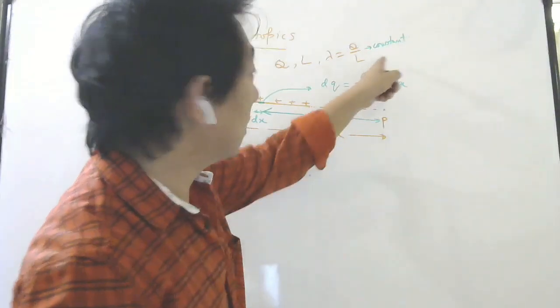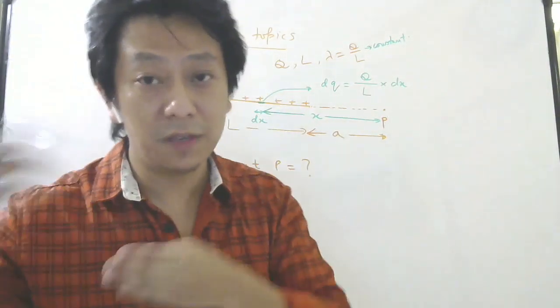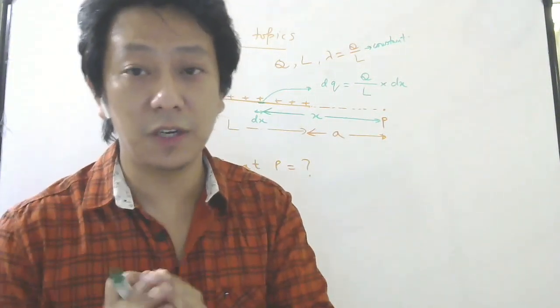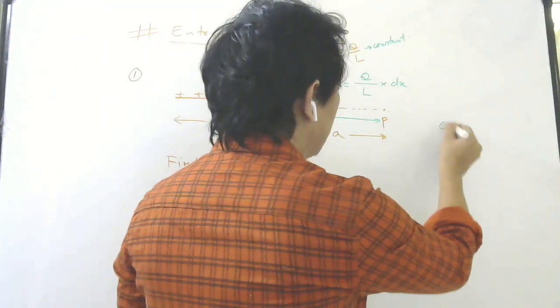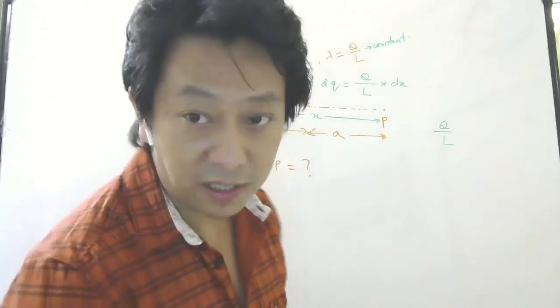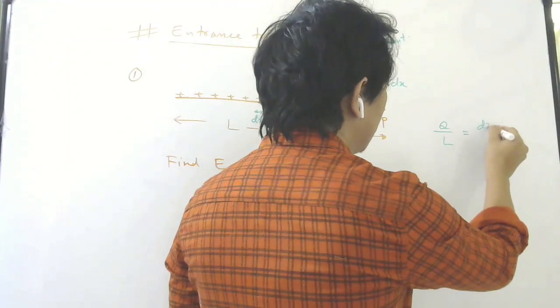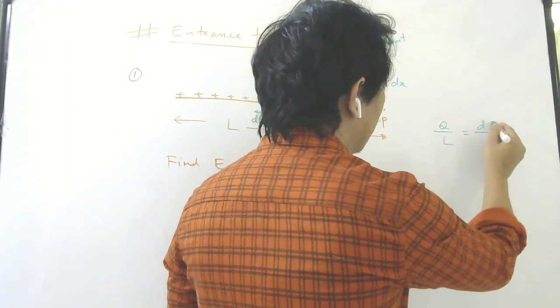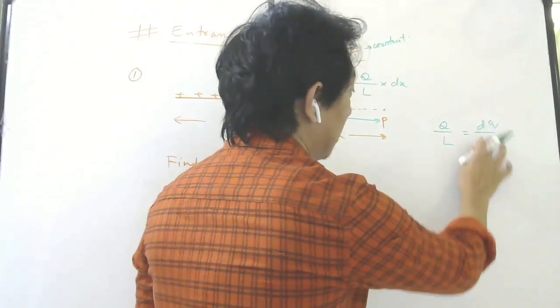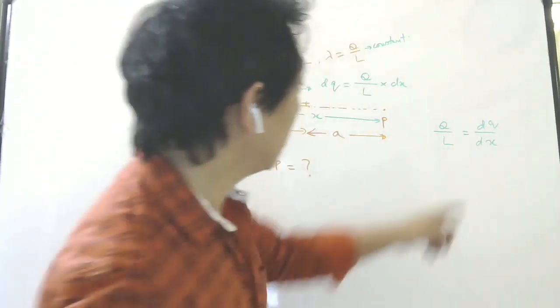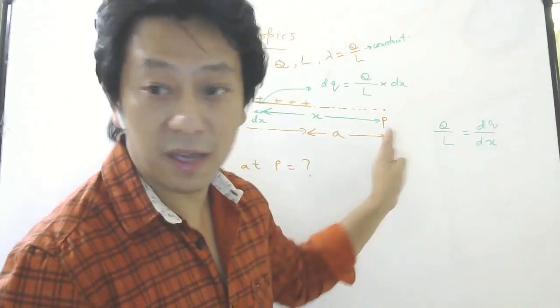See, while discussing one of the previous topics in one of the videos, I have shown you that if lambda is constant, then whether you divide total charge by total length, or you divide small charge by small length, dx you can take, you will get the same answer, because lambda is constant, right?